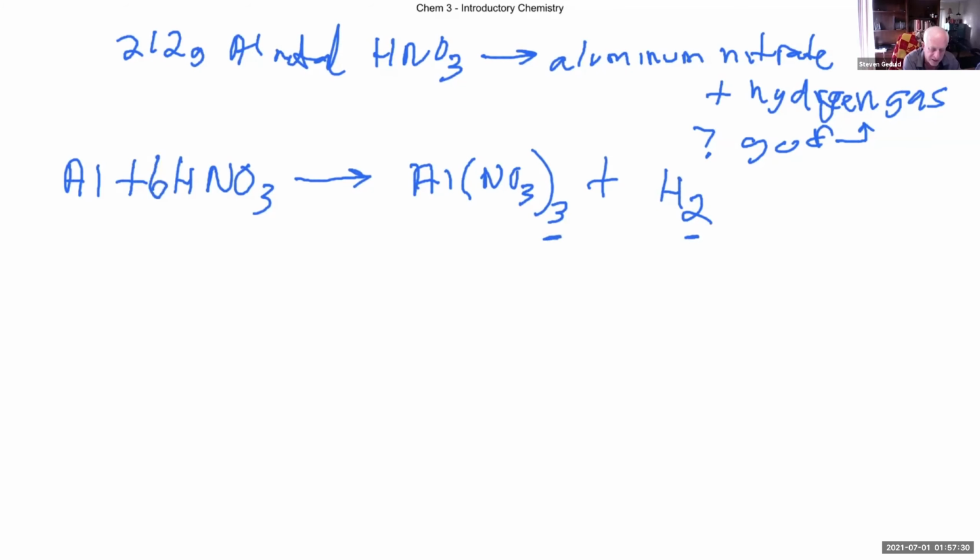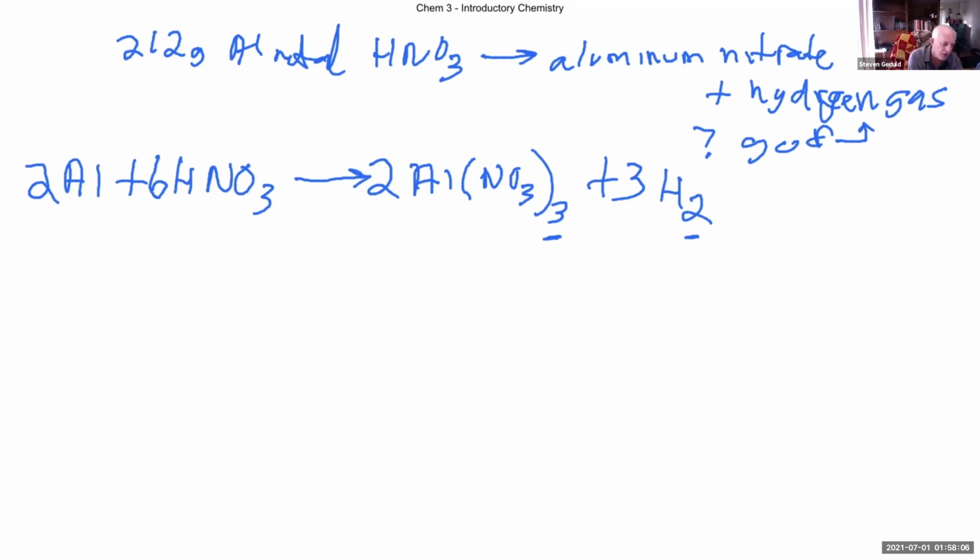So it's going to end up being 6 to balance it all. So for 6 hydrogens, I'm going to put a 3 here. And for 6 NO3s, we got to put a 2 here. And we got to put a 2 here. And that should be balanced, right? 2 aluminums, 6 hydrogens, 6 NO3 groups. All right. So there's our balanced chemical equation.